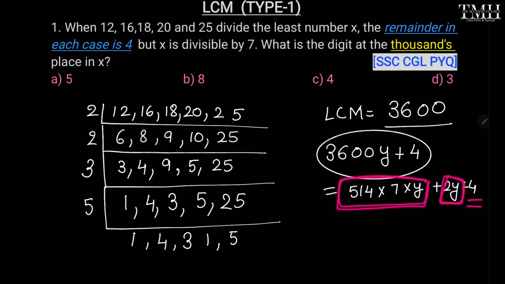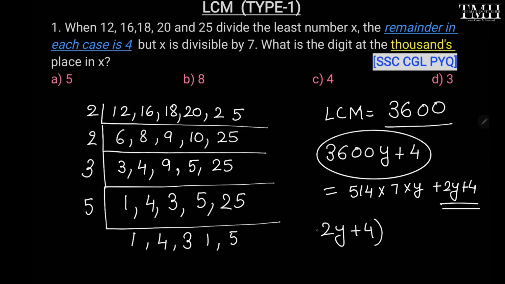Now this part is completely divisible by 7. Now we have to find the value of y for which the rest is divisible by 7. So 2y plus 4 is divisible by 7 for y is equal to 5.